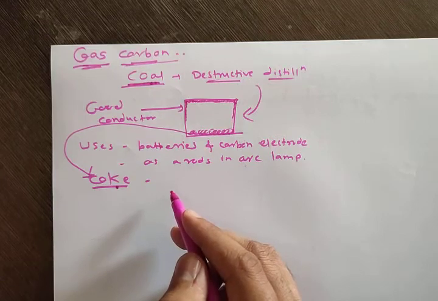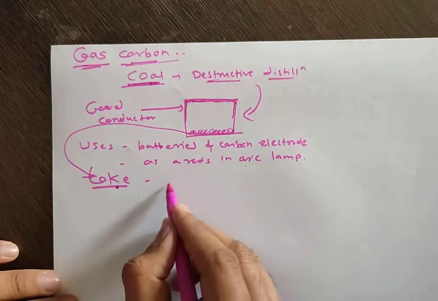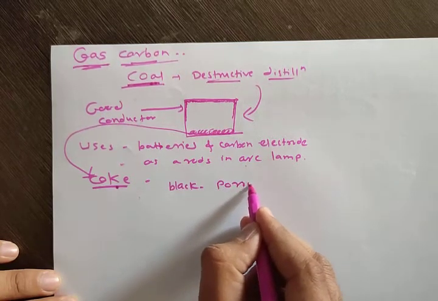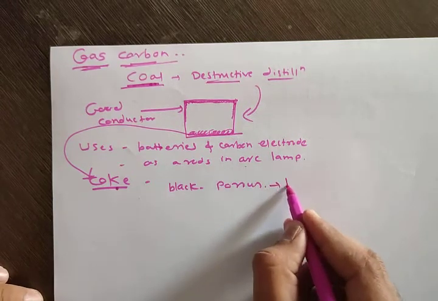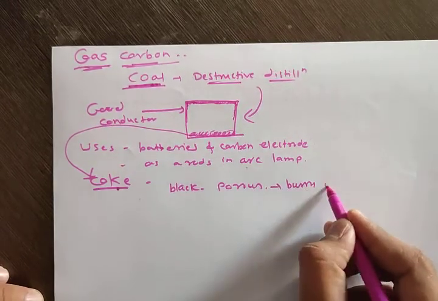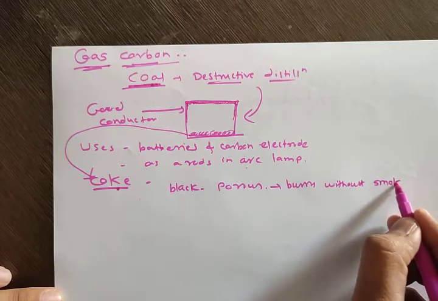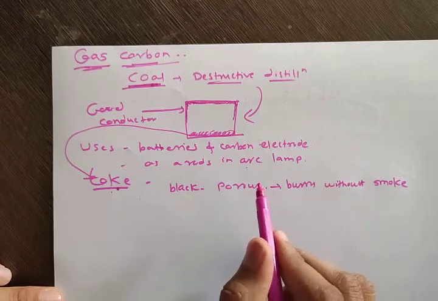So what are the properties of this coke? Coke is a black colored porous substance, okay, and it burns without producing any smoke. So this is a very important property. This coke burns without producing any smoke.